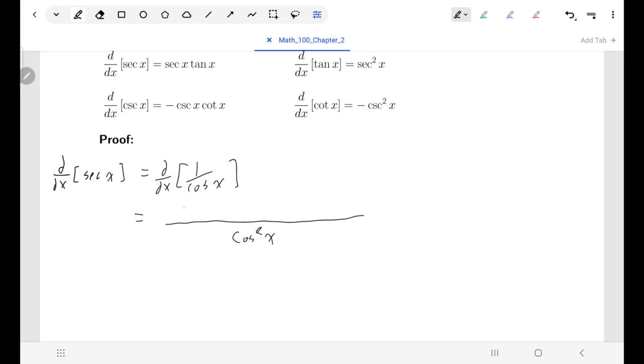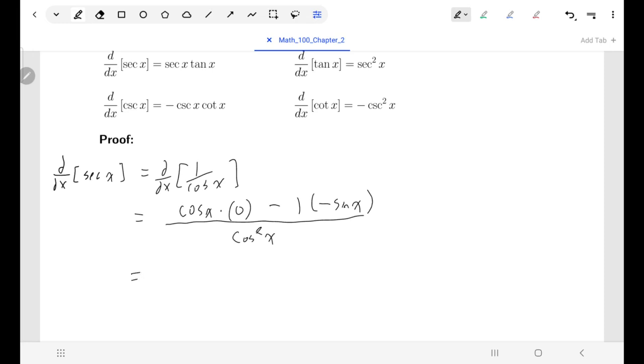The denominator comes up, cosine, times the derivative of the top. The derivative of 1 is 0 because that's a constant, minus the numerator as it is times the derivative of the denominator, that is negative sine of x. Good. Okay, so now just a little bit of cleaning up and then I'm finished.